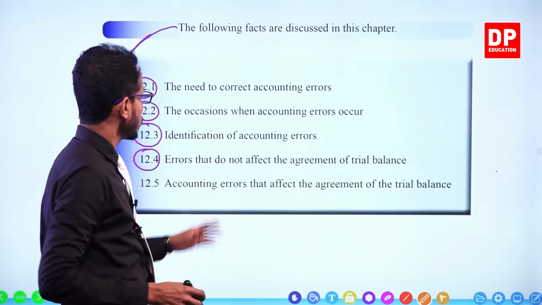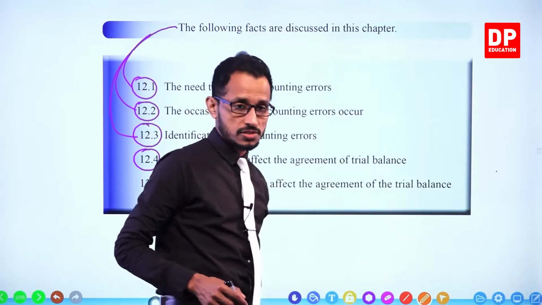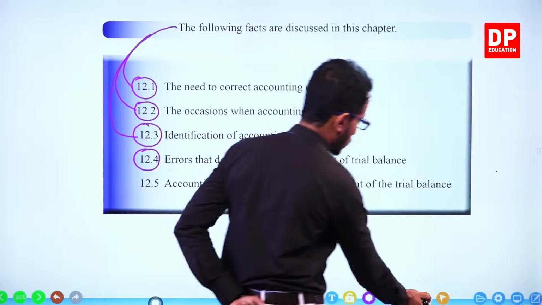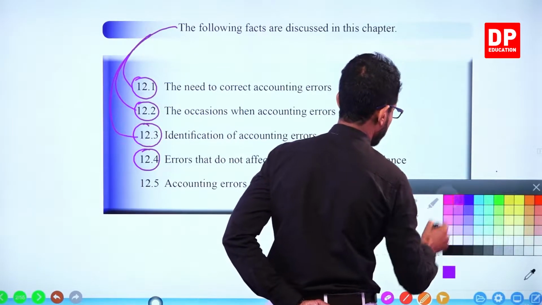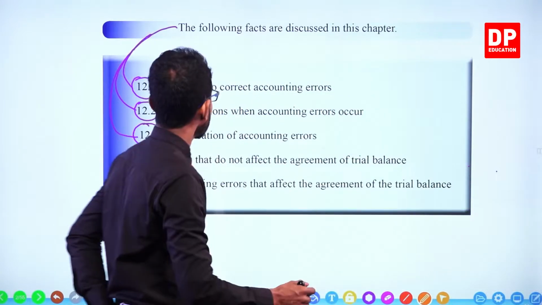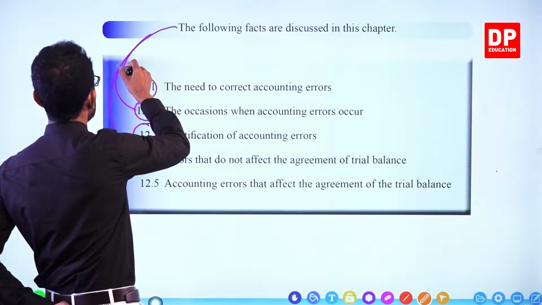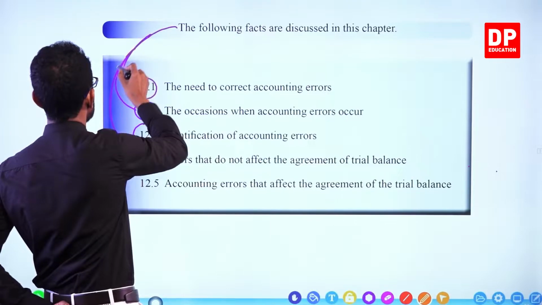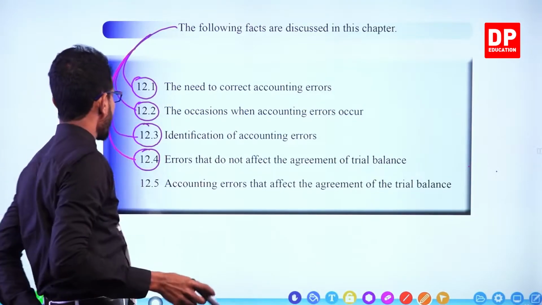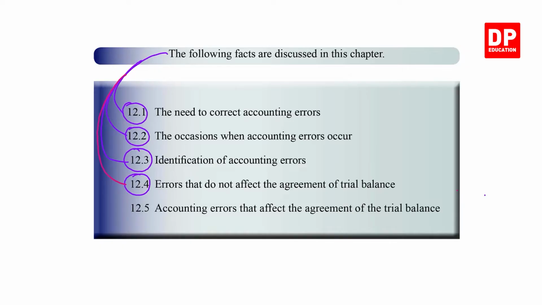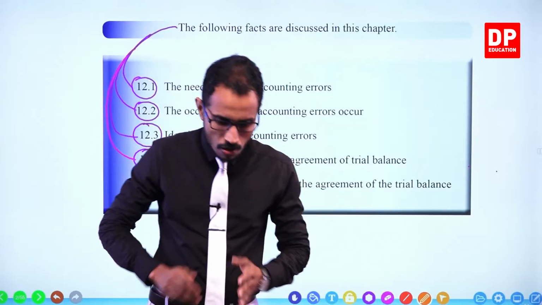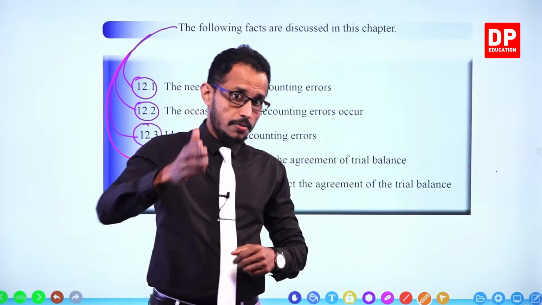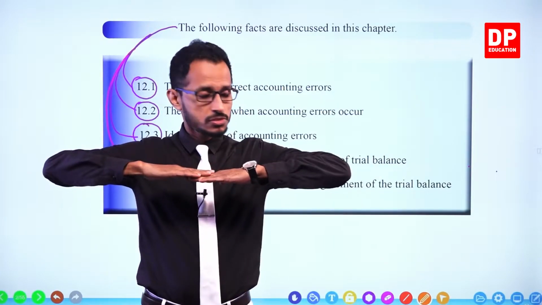The fourth subtopic: errors that do not affect the agreement of the trial balance. What does that mean?